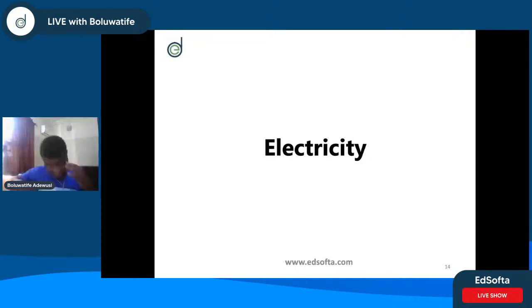Yes, electricity. Before we go on, there are two types of electricity: static electricity and current electricity. How you generate static electricity is pretty simple.